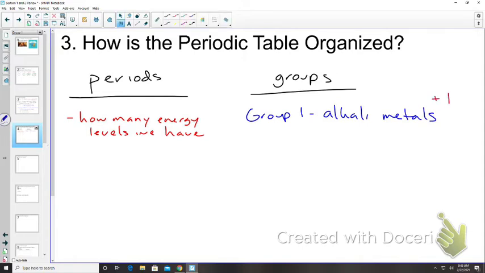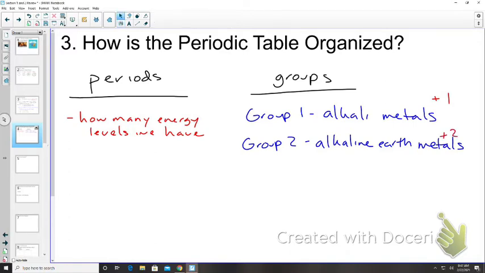What are our group 2 called? Excellent. Alkaline earth metals. And what is the common charge for our group 2 metals, our alkaline earth metals? +2.